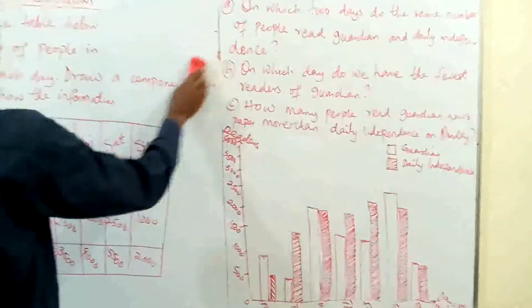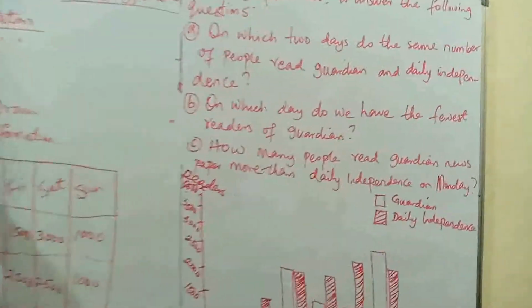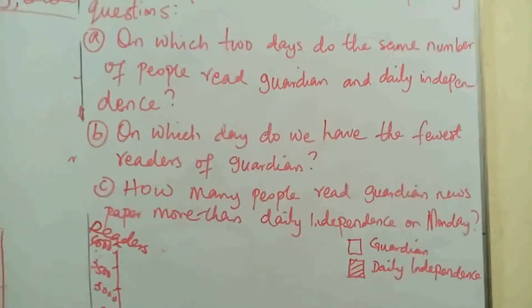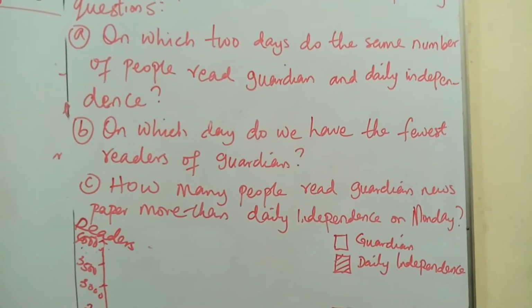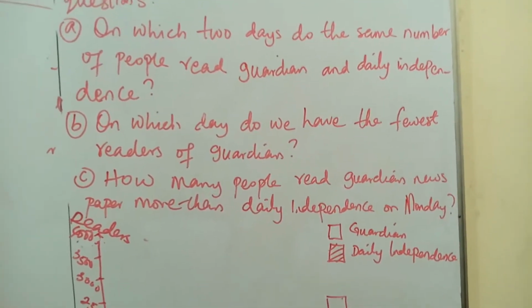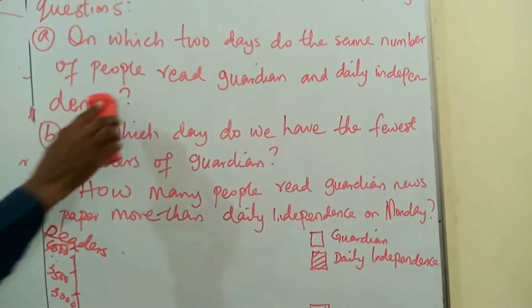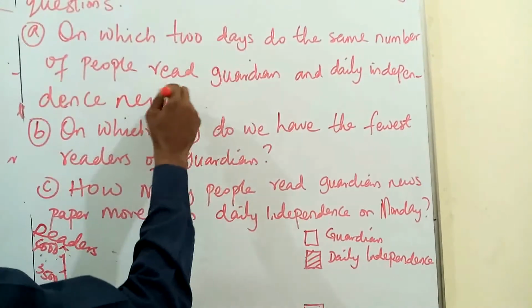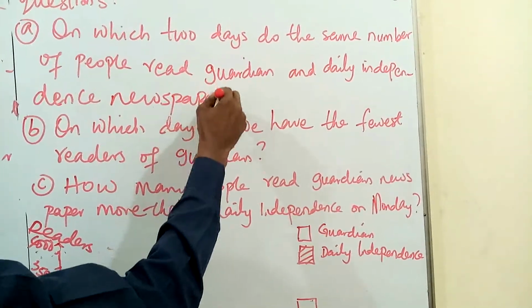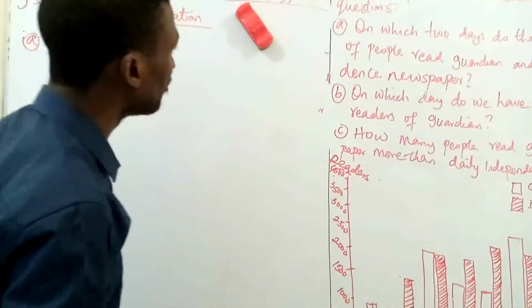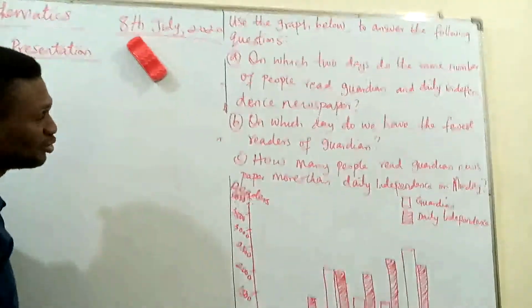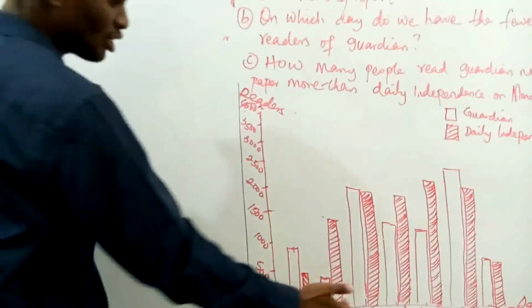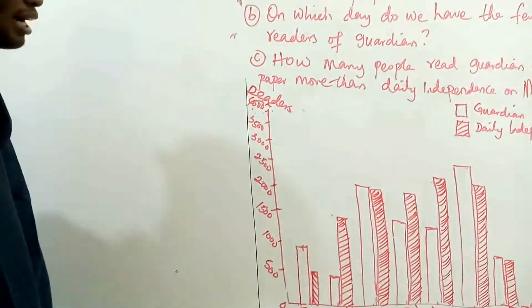The first one says, on which two days do the same number of people read Guardian and Daily Independence newspaper? From the same number of people reading Guardian and Daily Independence newspaper, we check our bars, those days of the week that have equal length of bars.